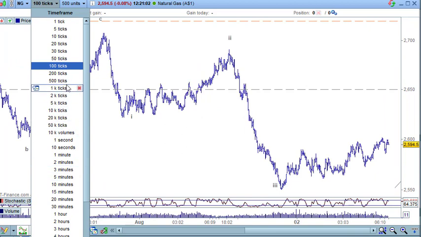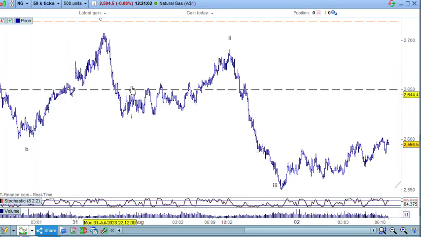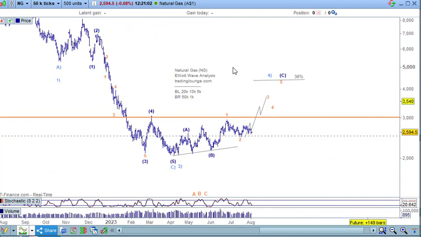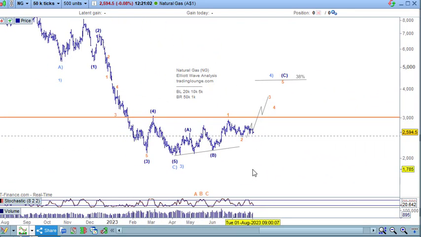So when we go to our 50k here for the bigger picture, just to have a look at this again. What we were looking at here is we had those 5 waves up here. So it's quite possible to bring that wave C down to here and have this wave 4 sitting on top there. So we've got some sort of A, B, and C wave sitting on the top here. But like I said, we're not getting a very good impulse wave down here.